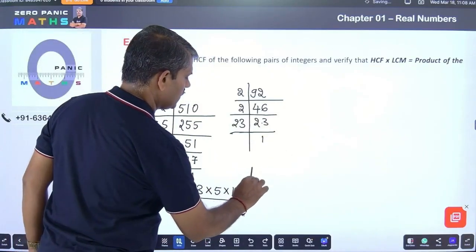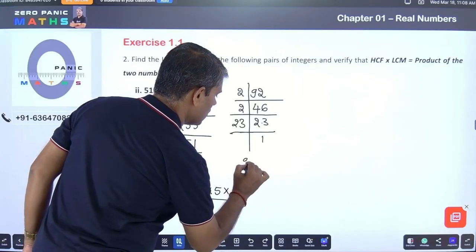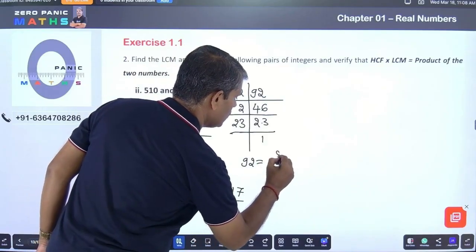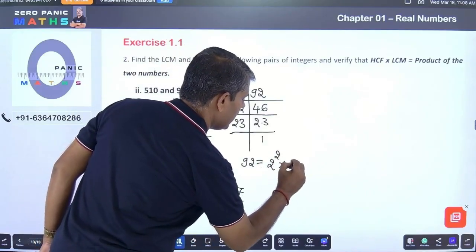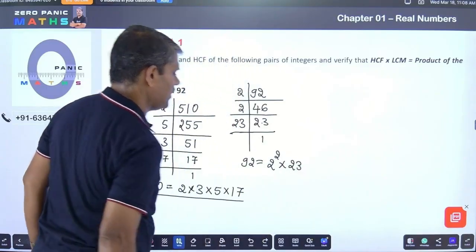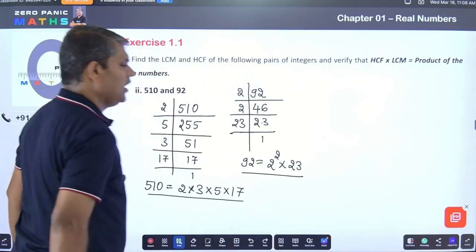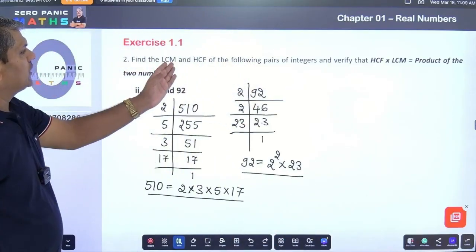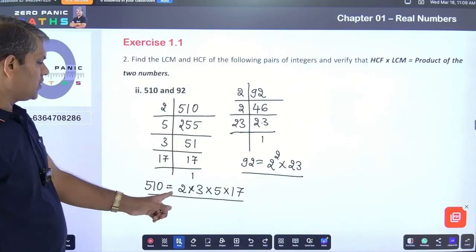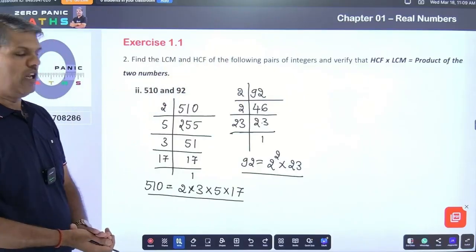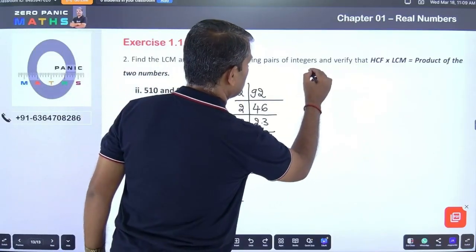So what is 92? 92 is 2 to the power of 2 multiplied by 23. You need to now find out the LCM and HCF by using these two prime factorizations and then verify the formula. Okay, let us do that.